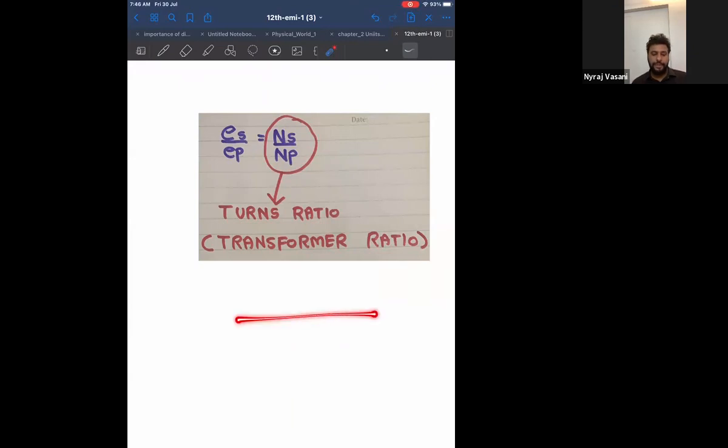Ratio means it has a division sign, and both numerator and denominator are talking about number of turns. Numerator is talking about number of turns in the secondary and denominator is talking about number of turns in the primary. That is why this quantity is called turns ratio or transformer ratio. You can make a note.